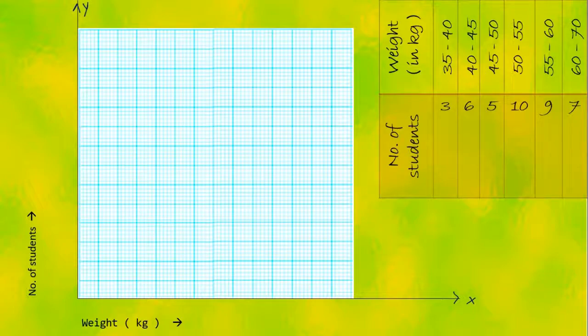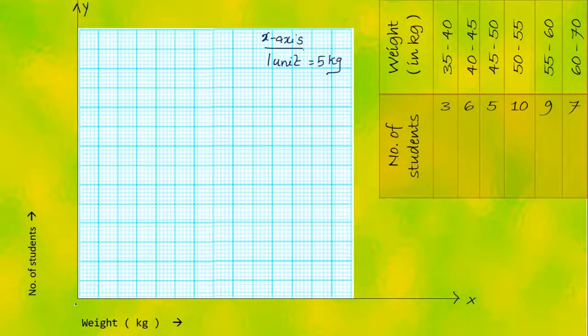Next, we have to consider the unit. What will be the unit in x-axis? The class intervals are given as 35 to 40, 40 to 45, etc. And here the length of the class is 5. So let's consider one unit in x-axis as 5 kilogram.